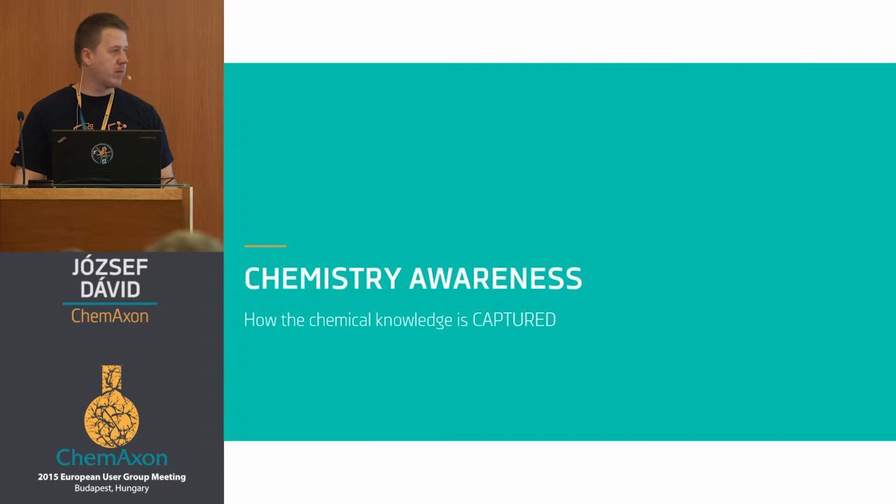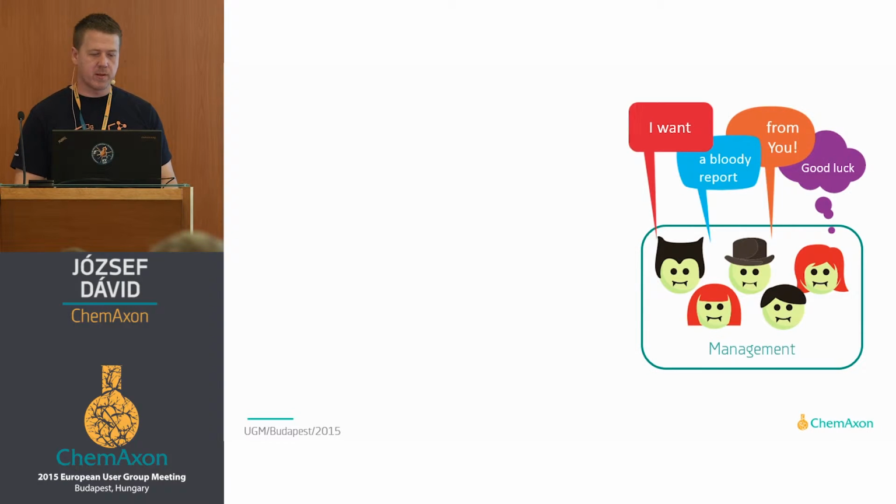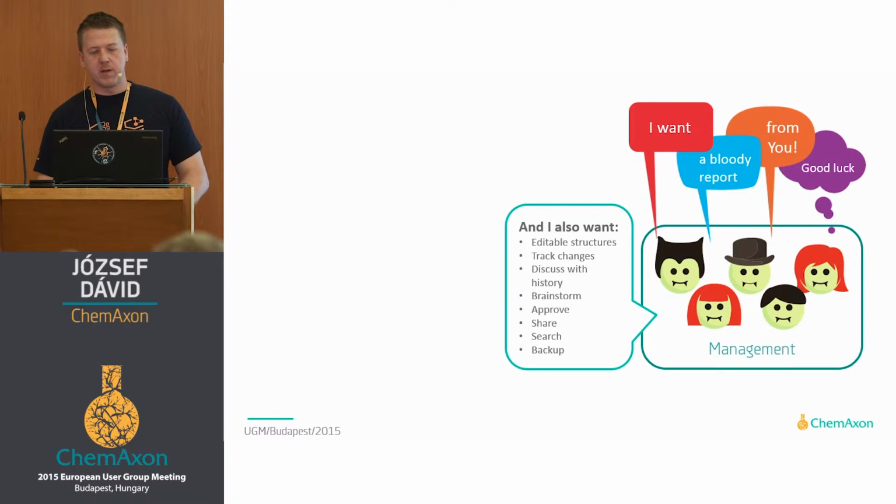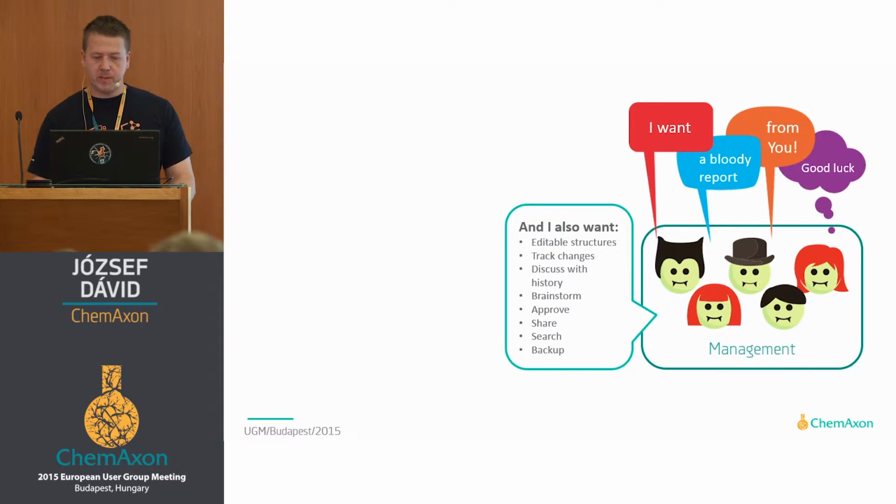So in every company there are managers. These are the managers here, and they always want some documentation, some materials from you. These particular managers want online documentation with editable structures. They would like to track the changes.